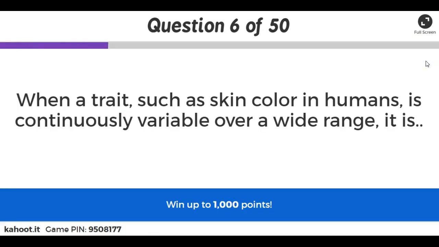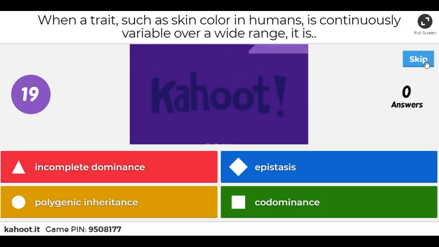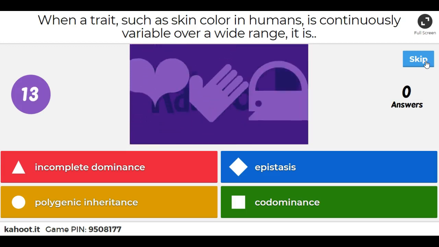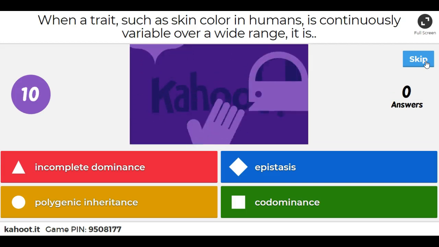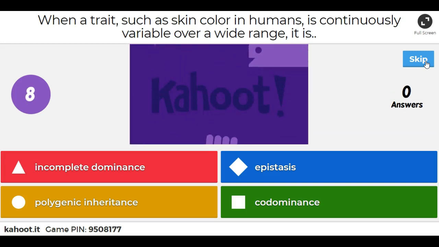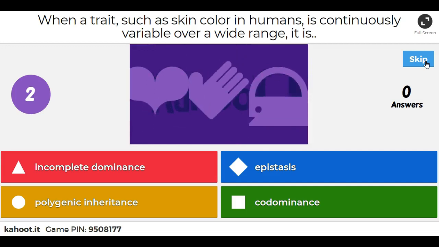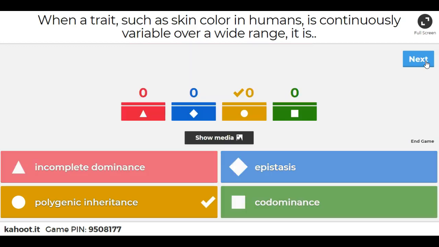When a trait such as skin color in humans is continuously variable over a wide range, it is considered polygenic inheritance.